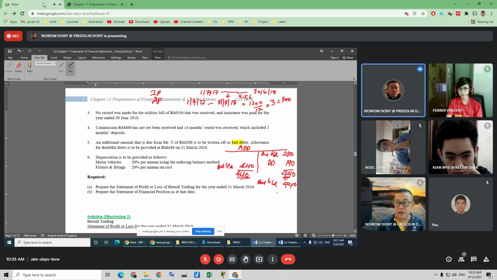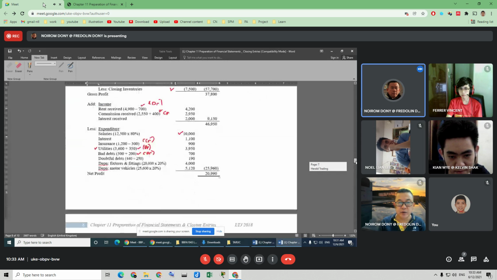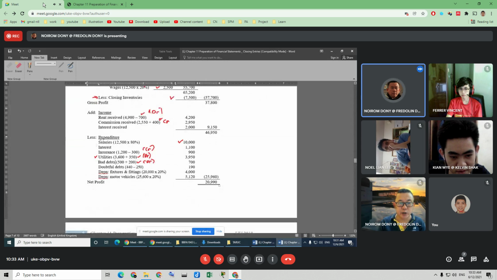So look at this in the SOFP. We're going to use this balance to minus from your trade receivable. So first thing we debit by providing into the expenditure as doubtful debts.